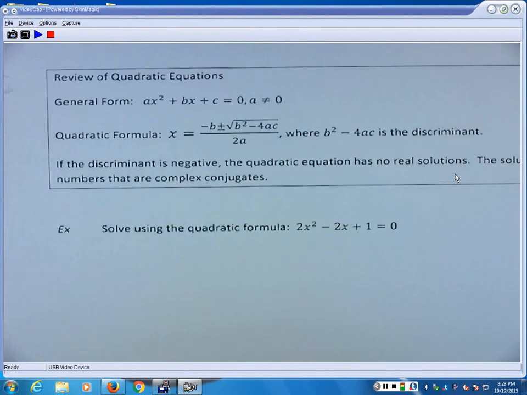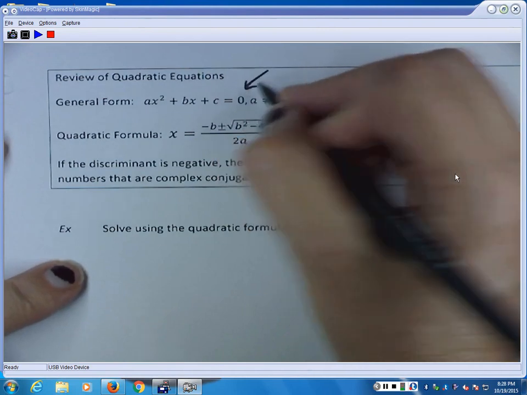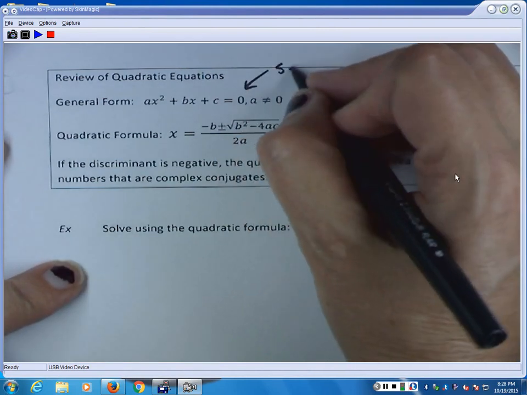Okay, and this is the last page. Yay. So, review of quadratic equations. If you have a quadratic equation in its general form, that is ax squared plus bx plus c equals 0, make sure it has to be set to 0.